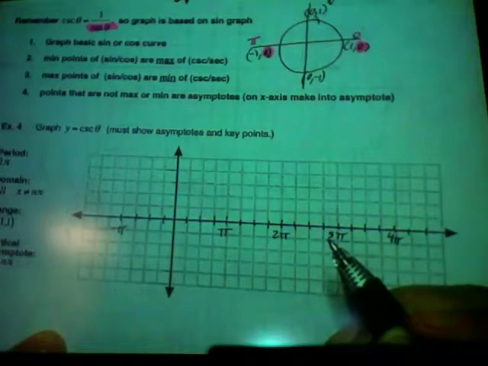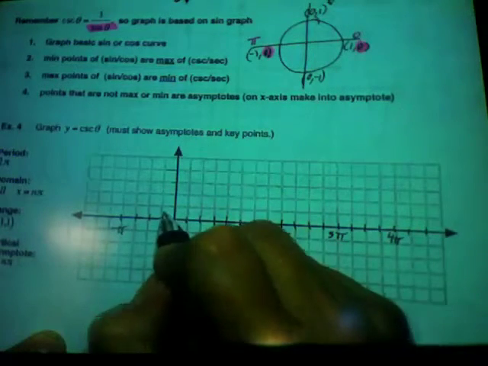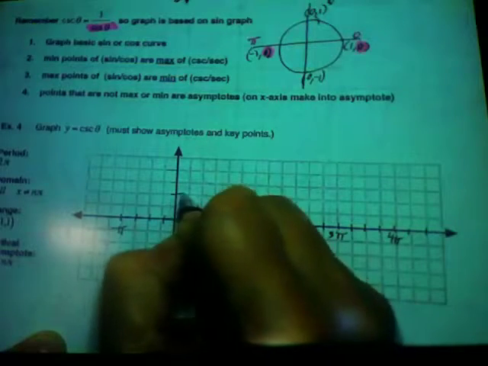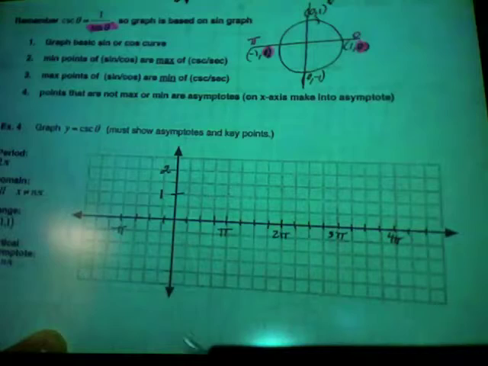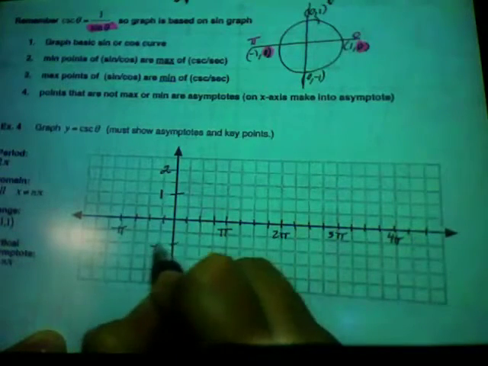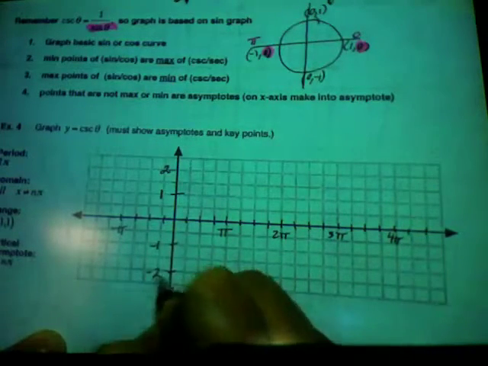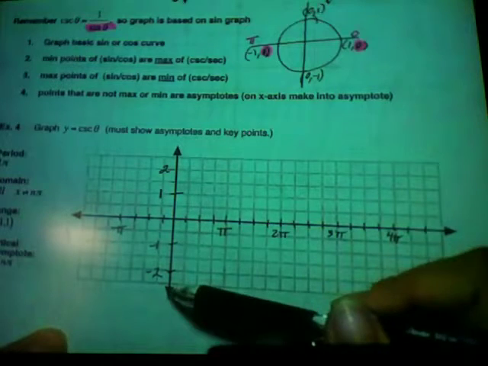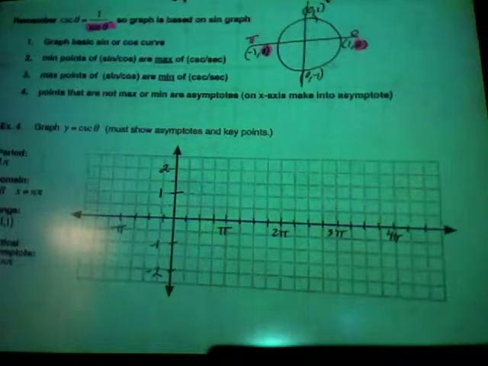And we're going to have this as, let's go ahead and make this hash mark right here 1, because I want you to have room to actually see the graph, and that'll be 2. So in your vertical scale, I want you to go by halves, only because I'll make sure you can really see the graph.